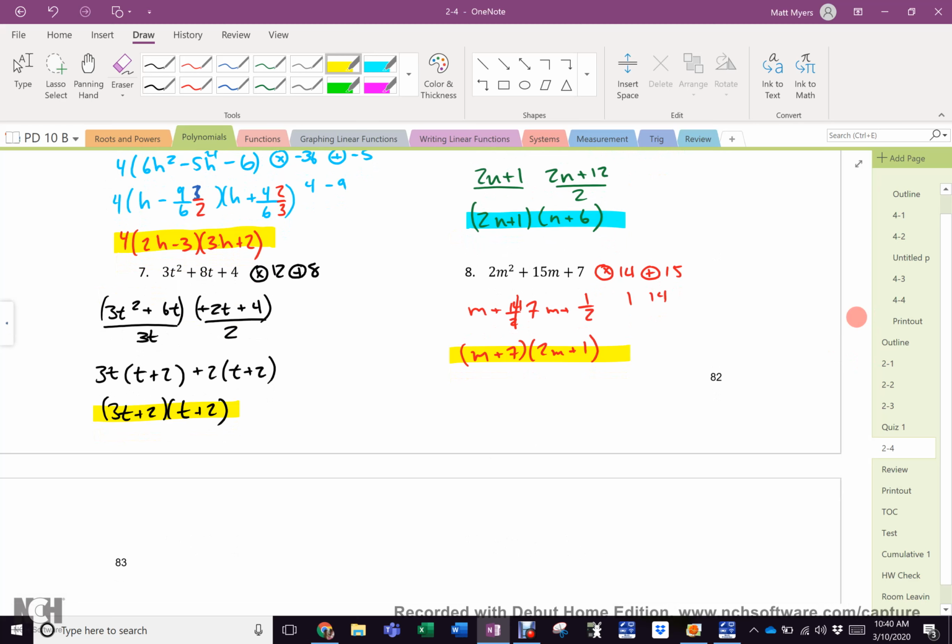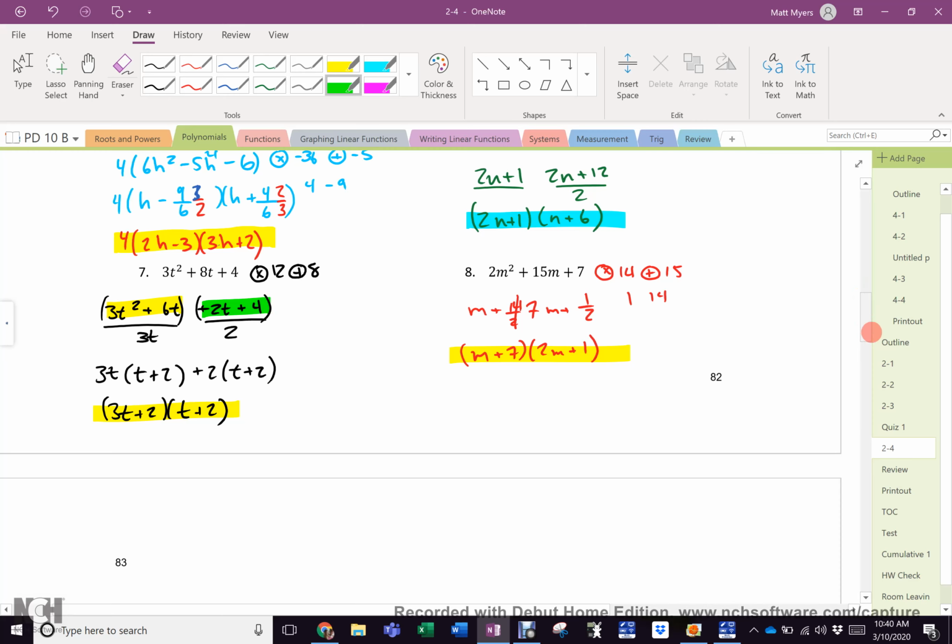And then on the other side, are we supposed to do 3t also? No, because you're taking the GCF of that and the GCF of that, if you're going to do decomposition. Everyone is good?